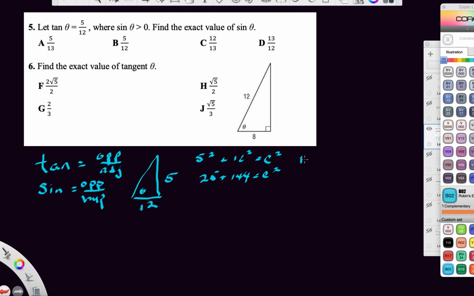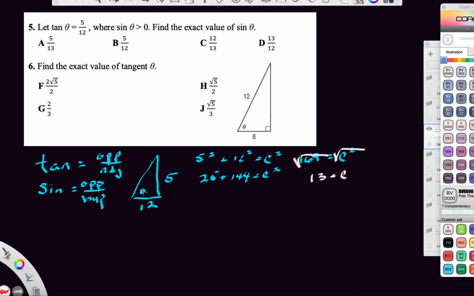That is 169 equals c squared. I just happen to know, take the square root of both sides. 13 equals c. Right?